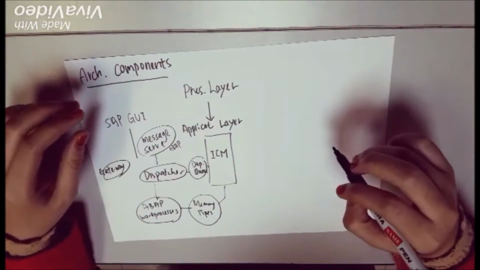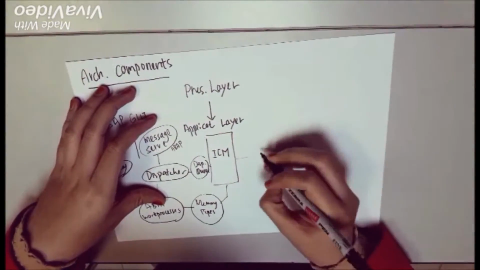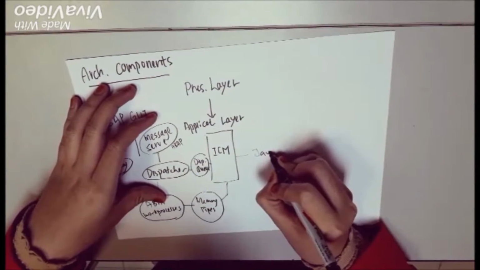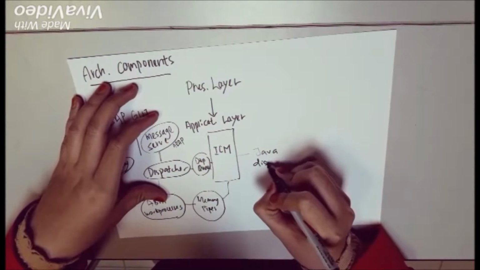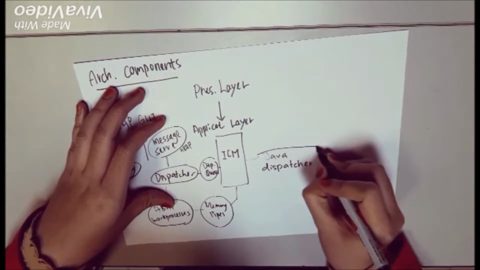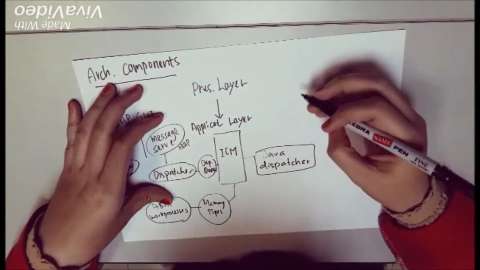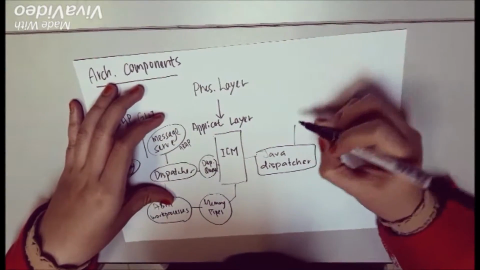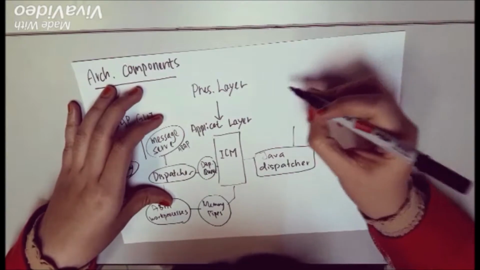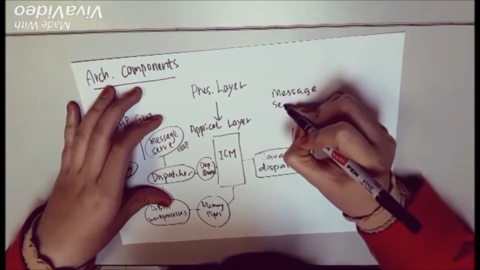Okay, next we move on to the ICM. We will connect to the Java dispatcher, and then it will go to the message server.